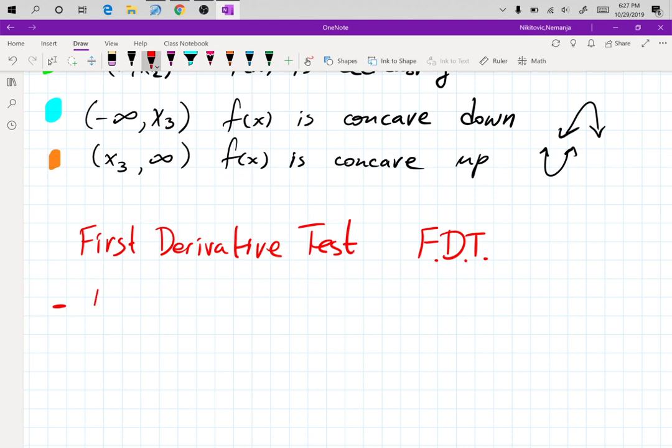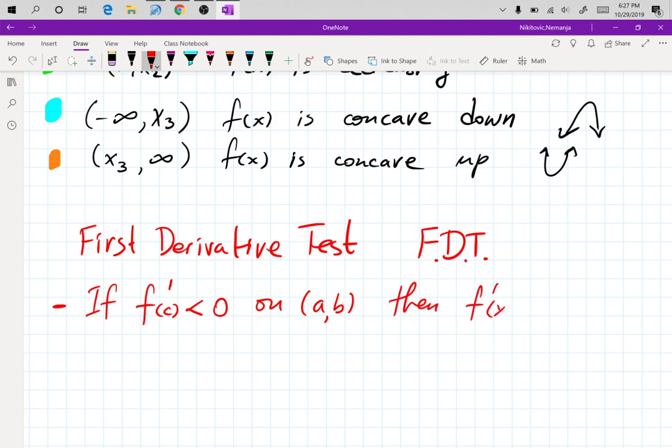We said if f prime of c is less than 0 on some interval (a, b), where c is in between a and b, then f of x is decreasing on (a, b).